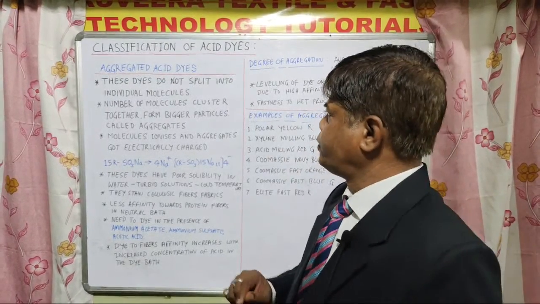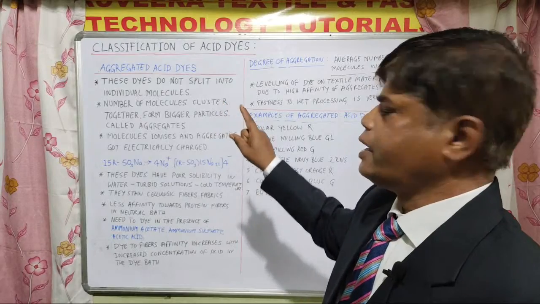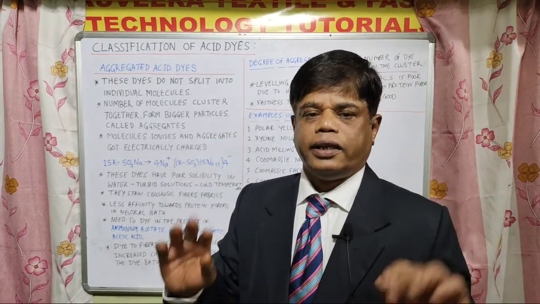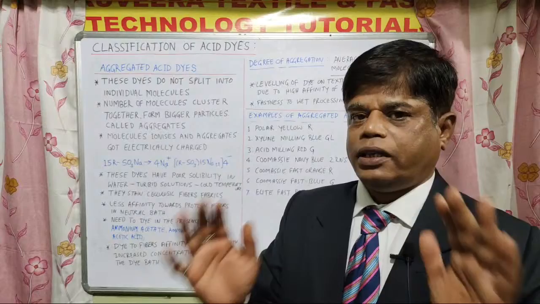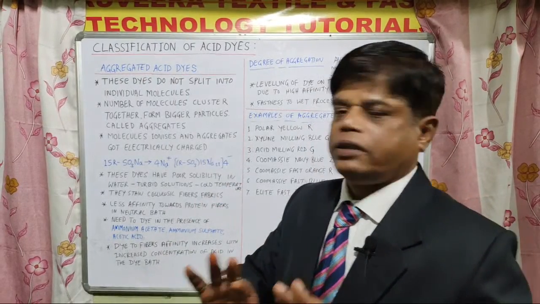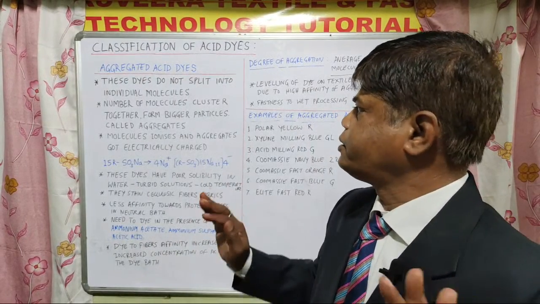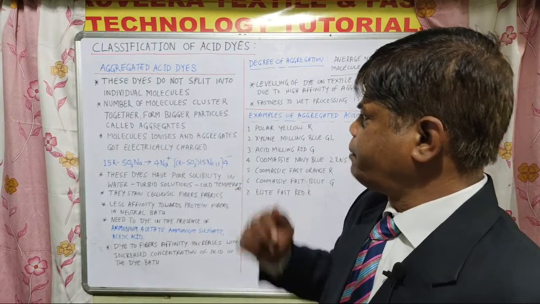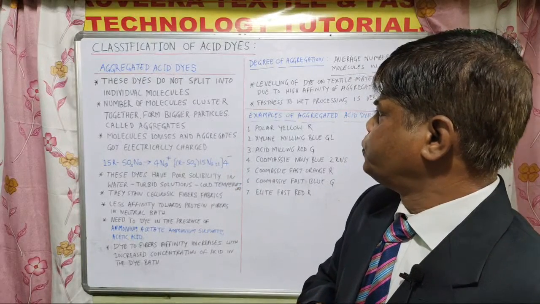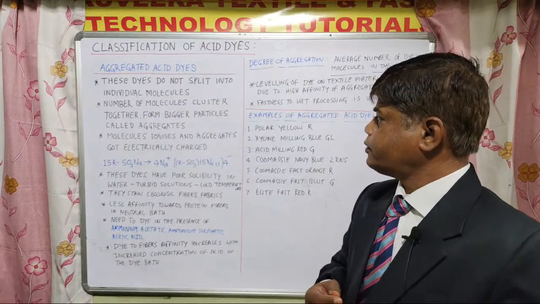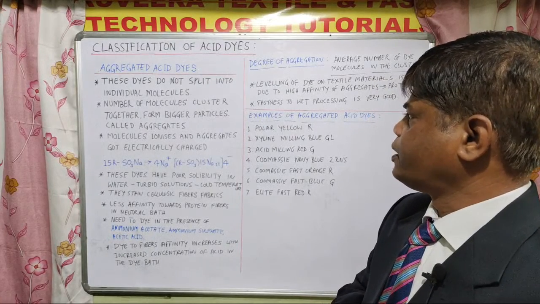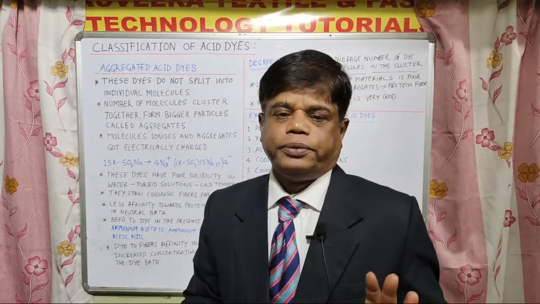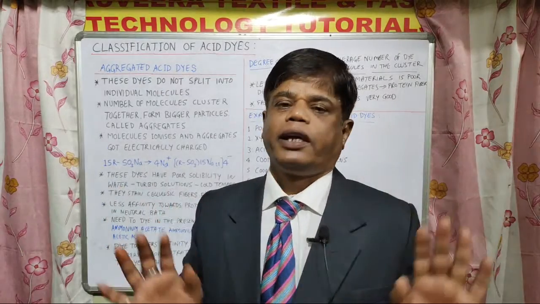So these aggregated acid dyes are in the form of clusters or lumps, in the form of groups. Chances are very less of splitting as individuals. The second point is that a number of molecules cluster together to form bigger particles. Already I told you, a number of molecules together make a cluster.